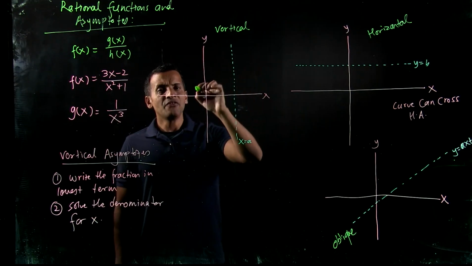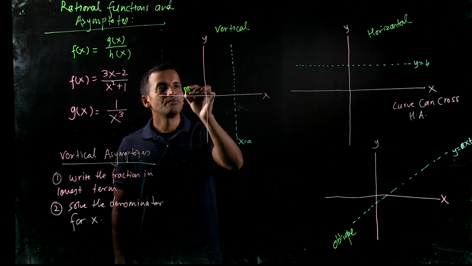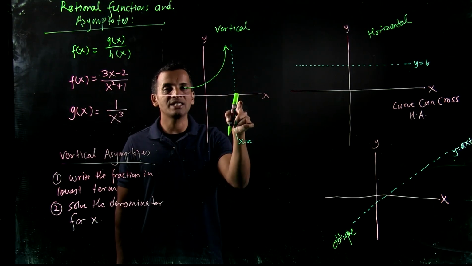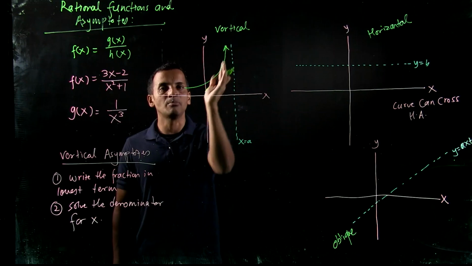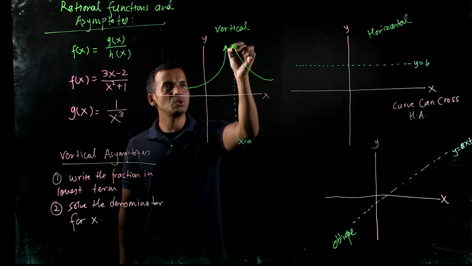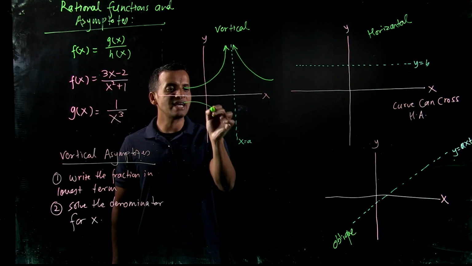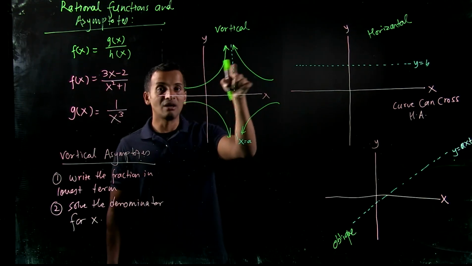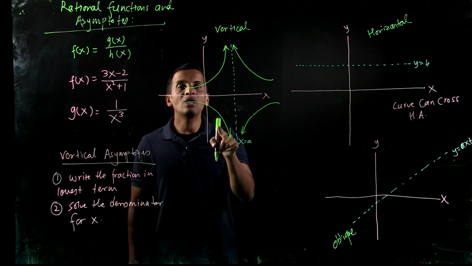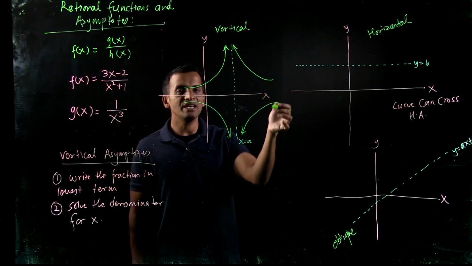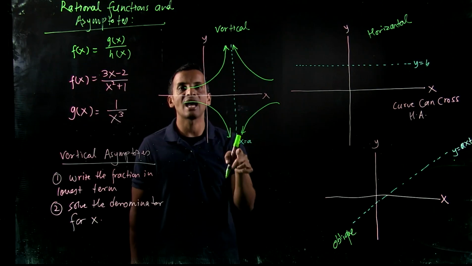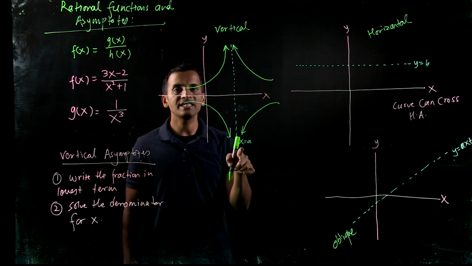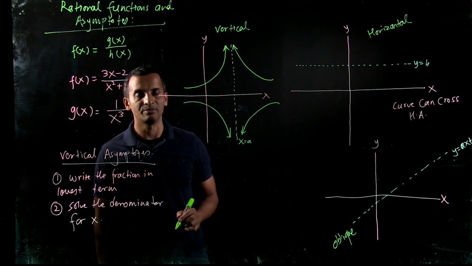So if the graph of a function is like this, whenever you get close to x equals a, the graph of the function blows up. It could be like that, or like this, or like this. If the graph is getting close to a vertical line, then that vertical line is called the vertical asymptote. So here x equals a is the vertical asymptote.